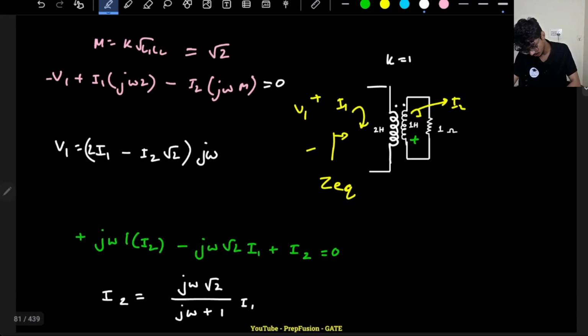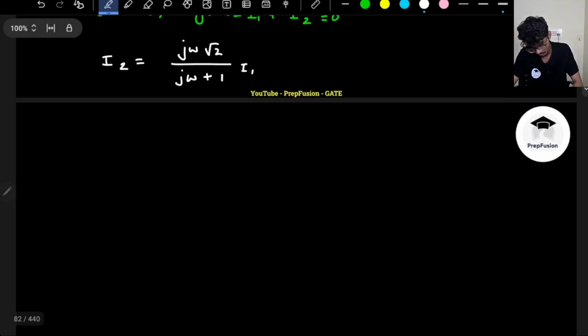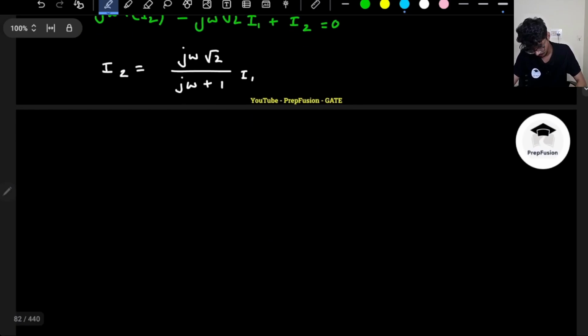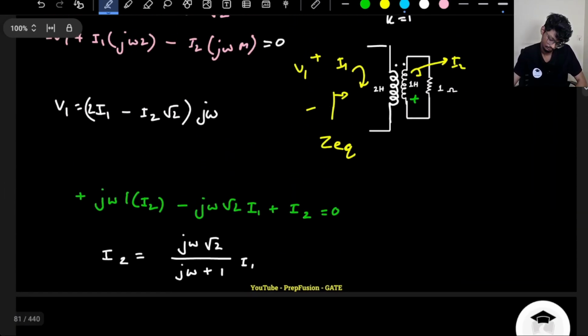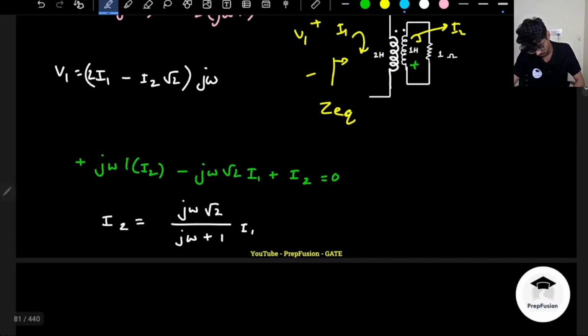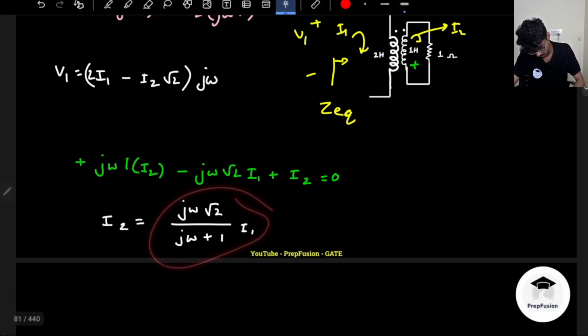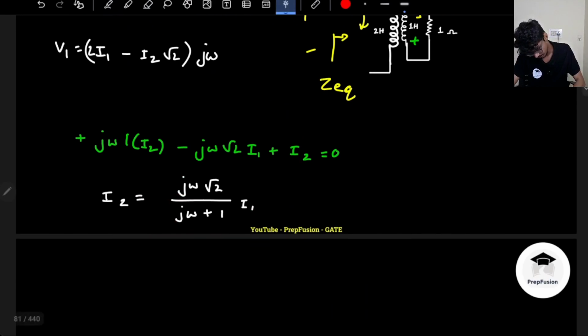So I'll replace this I2 in the primary. So I2 is this value, and I can put it here, right?